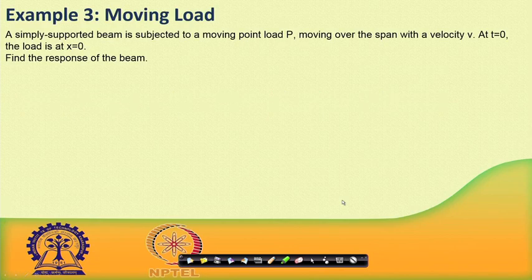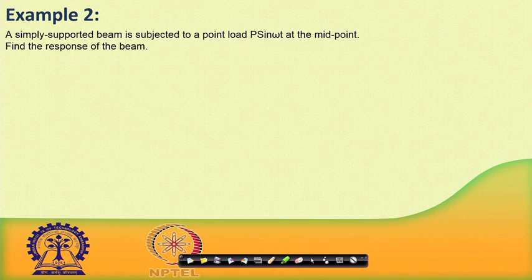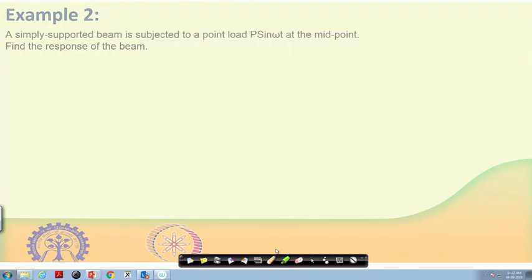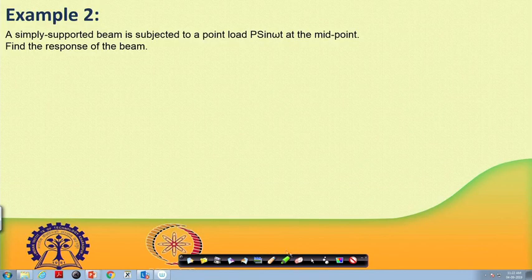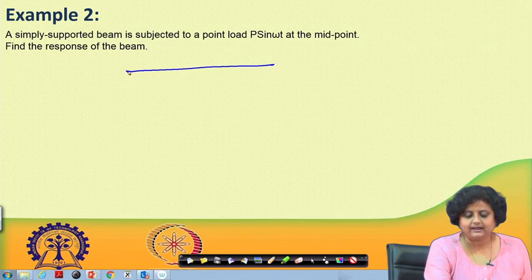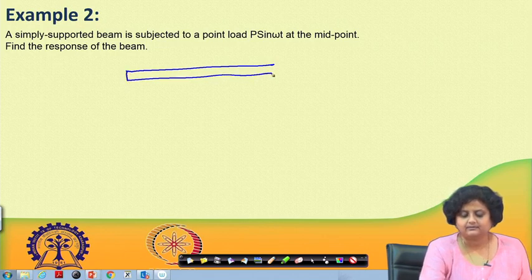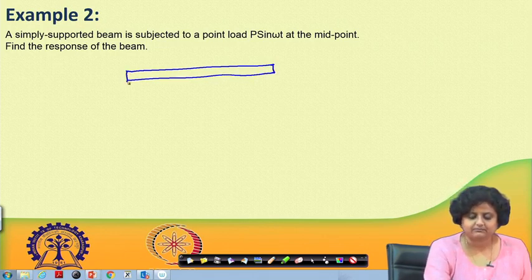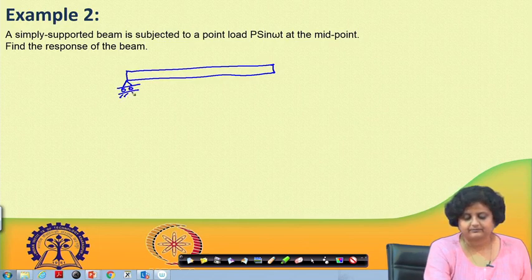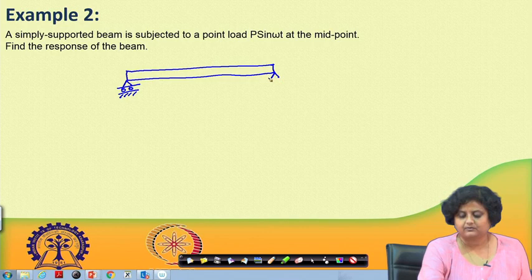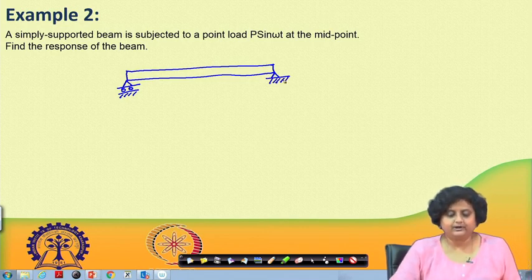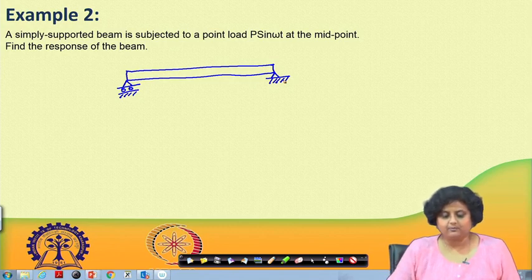In this lecture, we will solve two problems on forced vibration using modal analysis. So, let us go back to the problem that we are going to solve. We have this simply supported beam again, which has a uniform cross section.